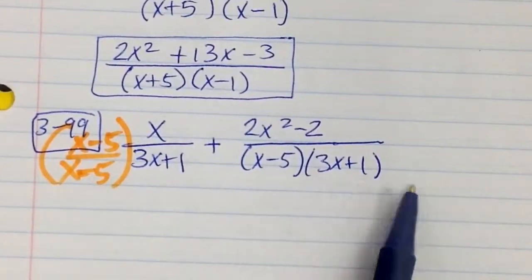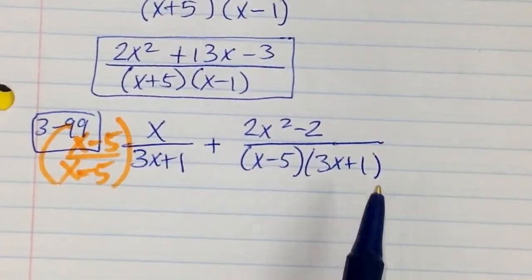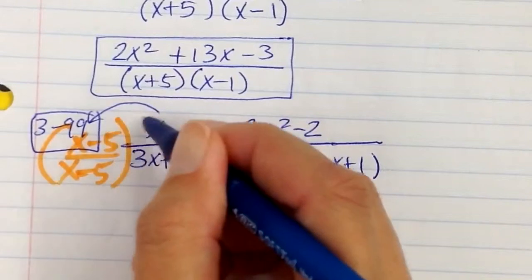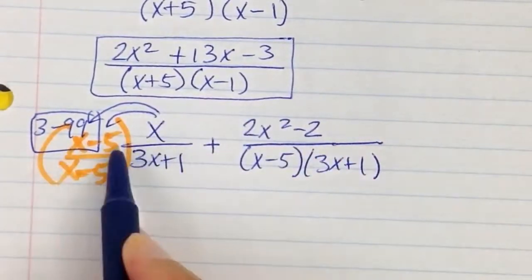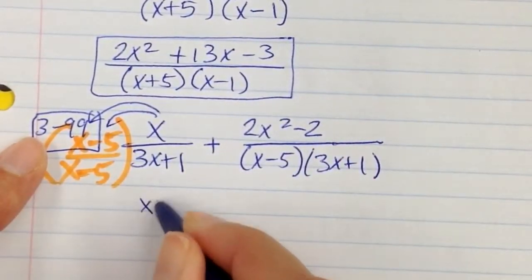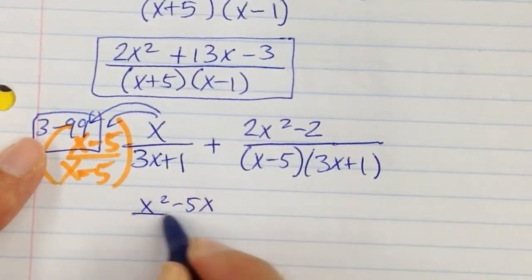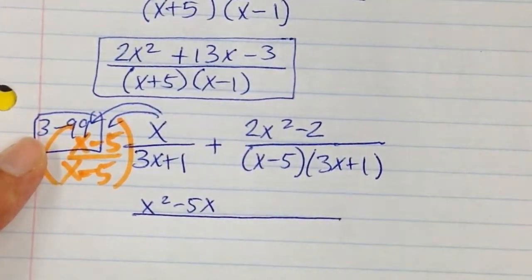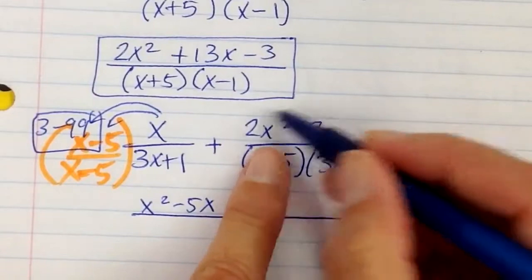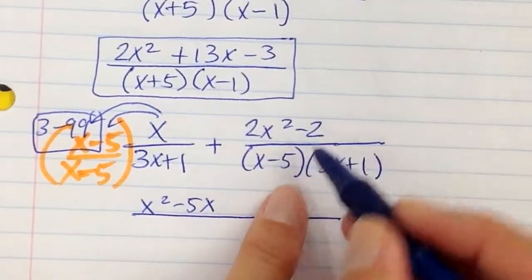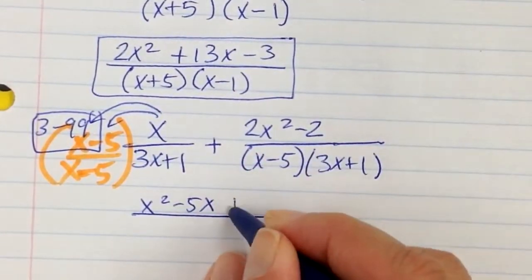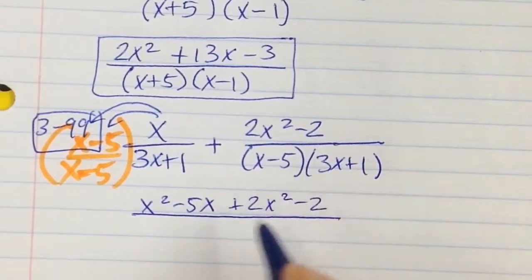Okay, this both has an x minus 5 and a 3x plus 1. So I'm going to multiply this x times this x minus 5 here, giving me x squared minus 5x. Try not to mess up again. And then I don't need to multiply anything over here because it already has the denominator that we need, so plus 2x squared minus 2.